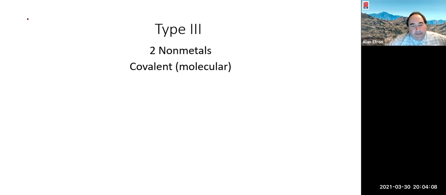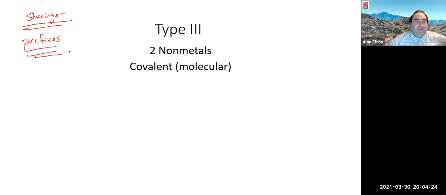So we have basically two nonmetals. We have sharing of electrons. And the deal here is, you've been waiting for it all night. This is where we use prefixes. So this is actually the spot where you should use prefixes.